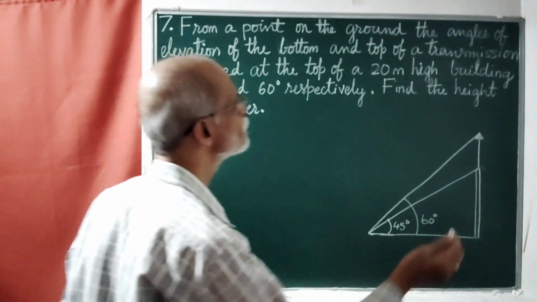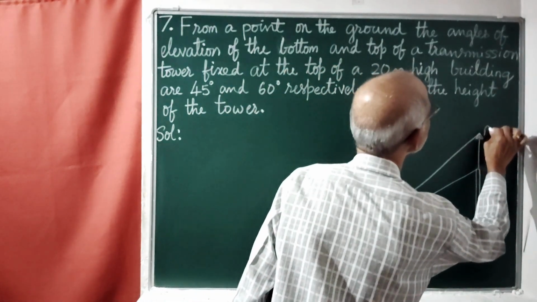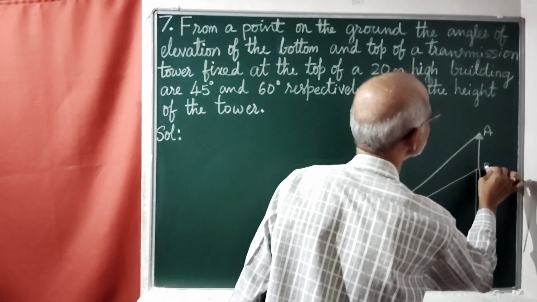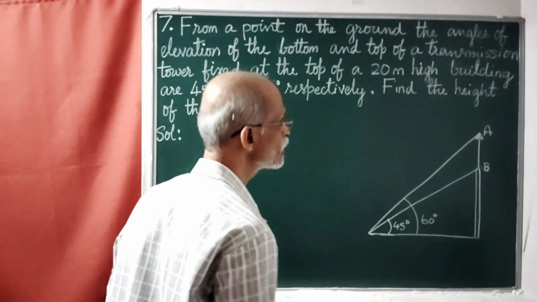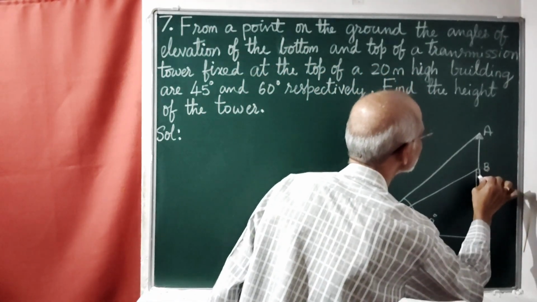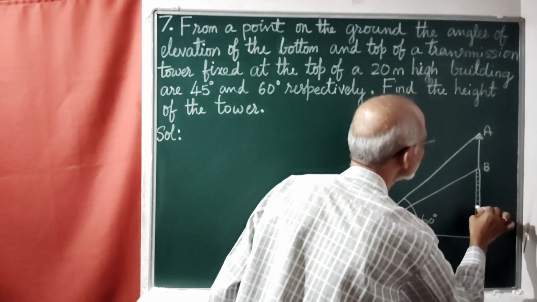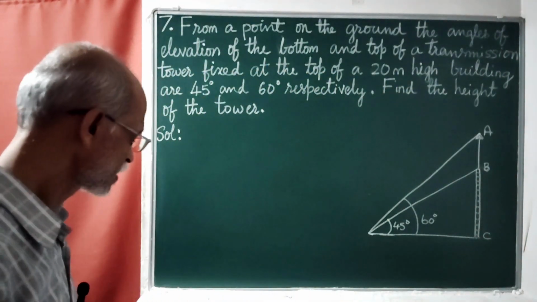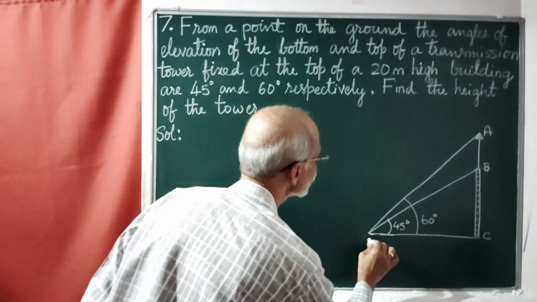Now we will name them. AB is the tower. And BC is the building. D is a point on the ground.